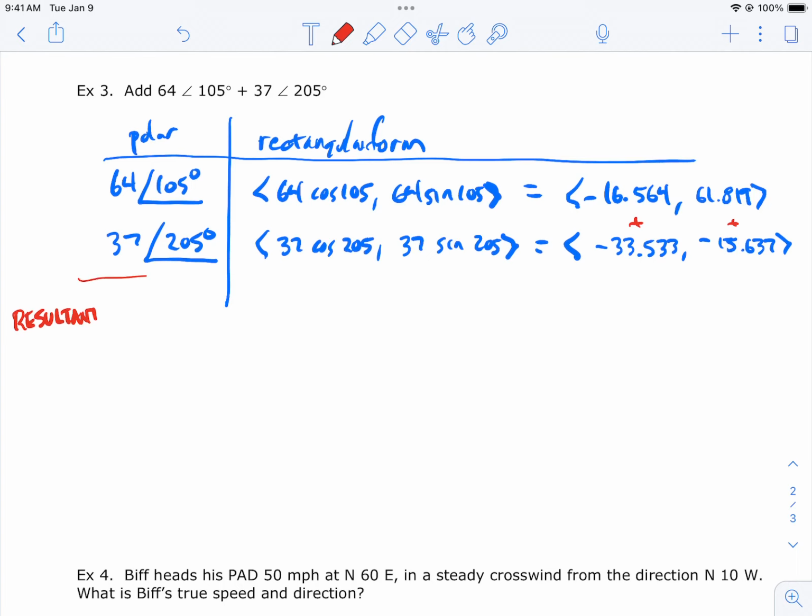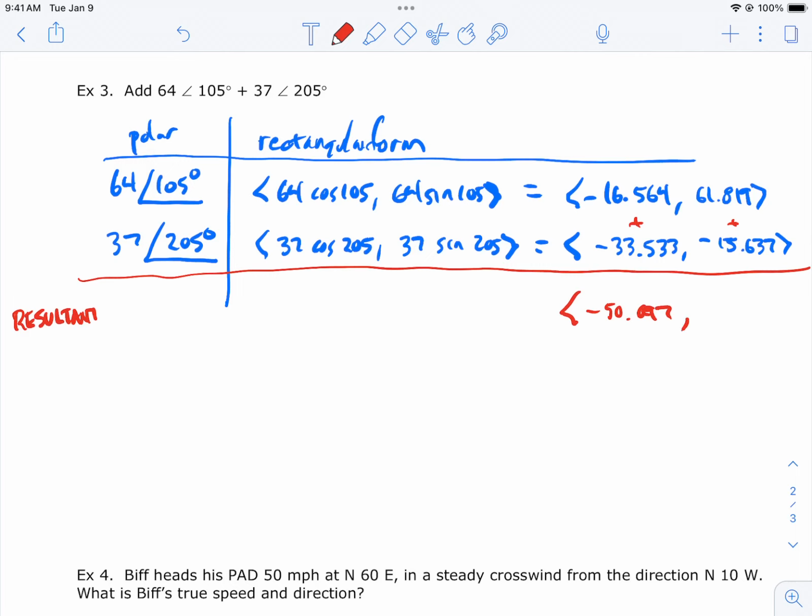Okay, so now to get the resultant, I just add those two together and I add those two together. So the resultant, maybe I'll put like a bottom line here. Very accountant-like of me, isn't it? So negative 16.564 minus 33.533 gives me negative 50.097.